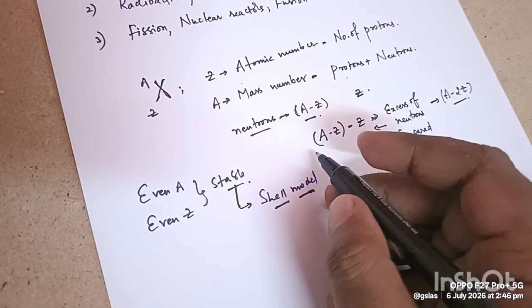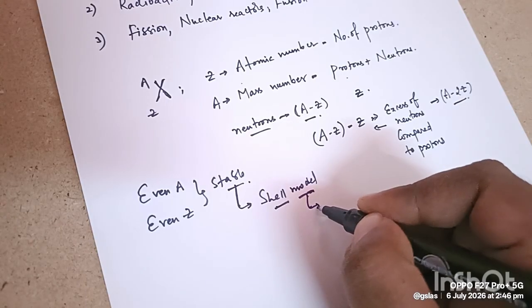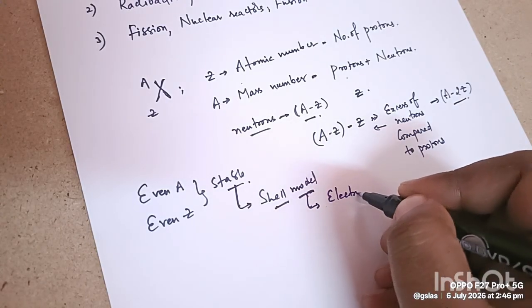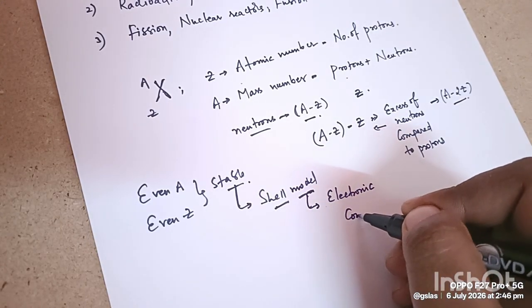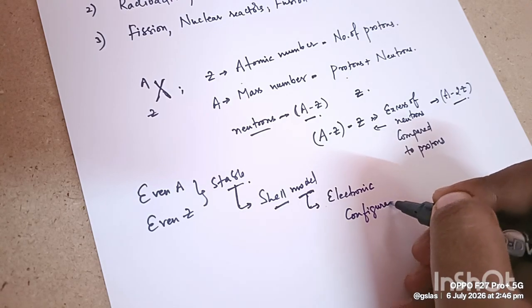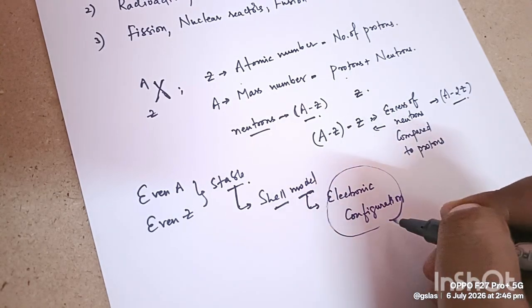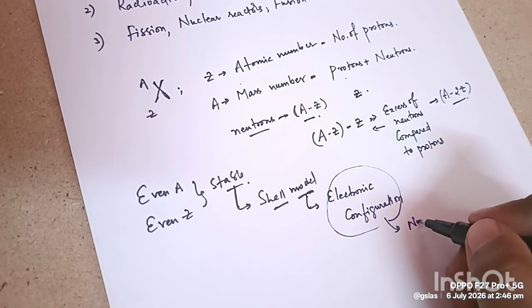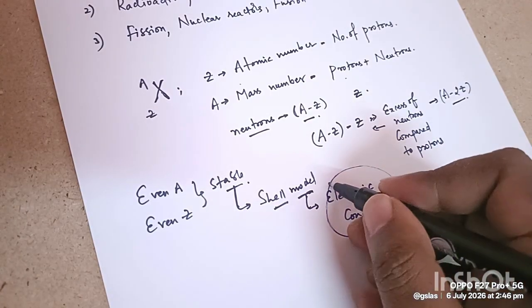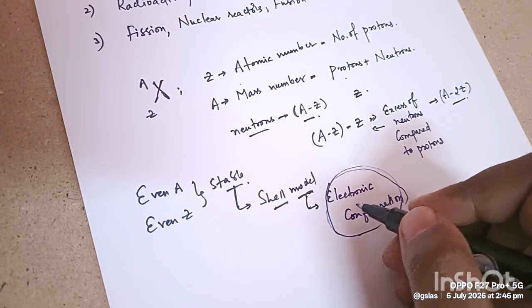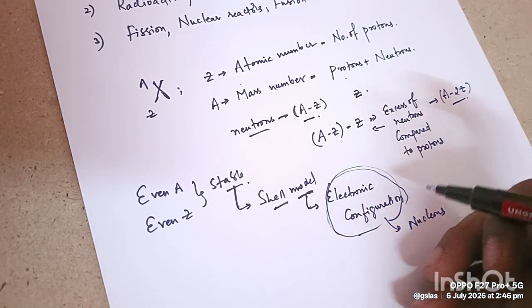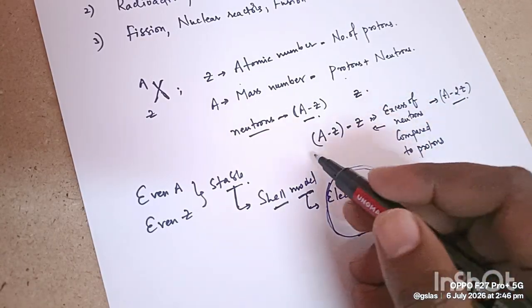But the shell model is essentially kind of an electronic configuration, except for nucleons, not electrons. Rather, I should call it nucleonic configuration, right, if you will.